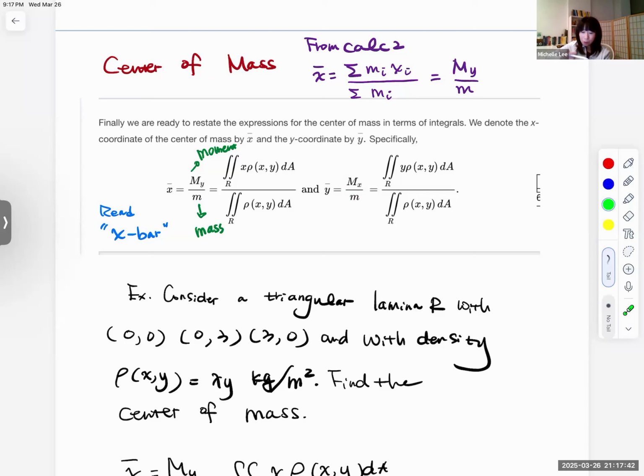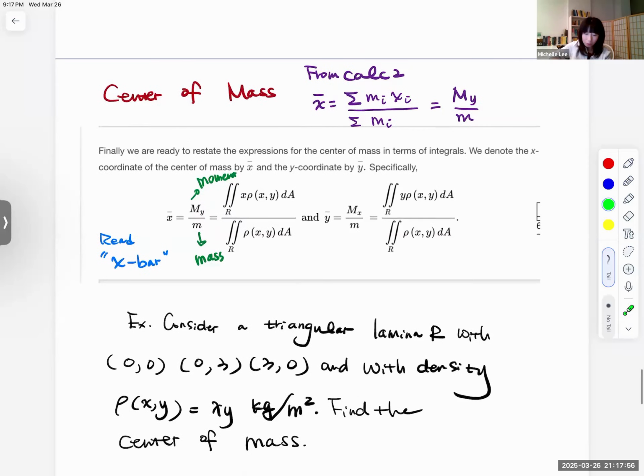But then in Calculus 3, we have m sub y, moment about the y, right? Then we had the formula from earlier. What's the mass formula? We are using the double integration of the density function, right?